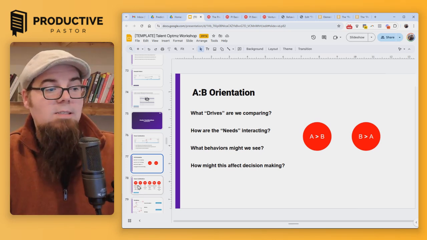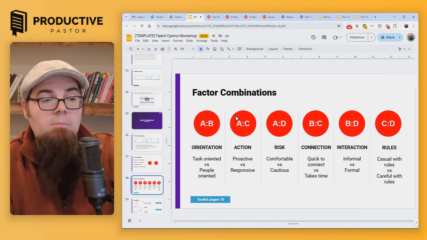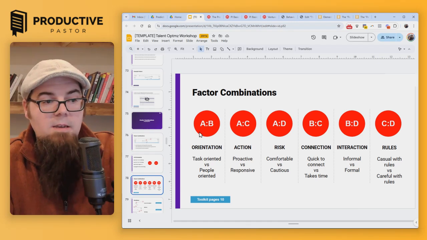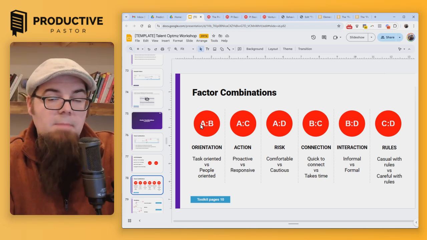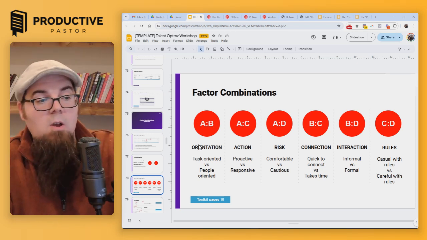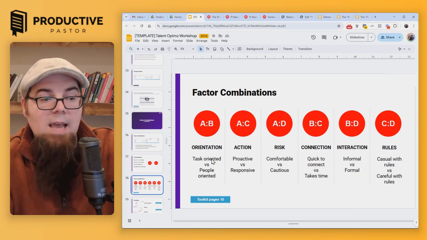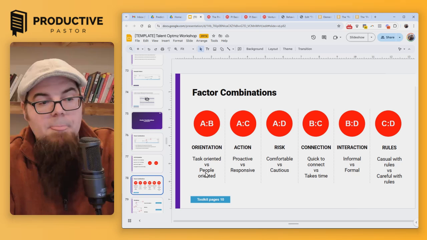And so there's 6 total factor combos. These are all 6 that there can be. And it's measuring the A versus the B drive. Now, the B might be stronger or the A might be stronger. What this will tell you is an orientation. This will tell us if they're task-oriented or people-oriented.